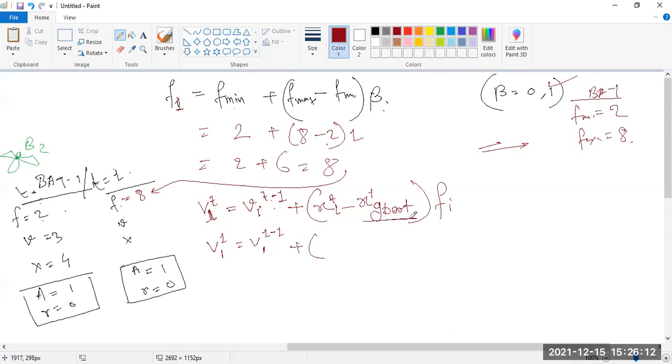The global best position till now we are not able to find out. This is the first iteration, we don't know which one is the best, so we put 0. This is just the initial velocity. And x for t equal to 1 is this 4 minus 0, and the frequency is also the first-time frequency.